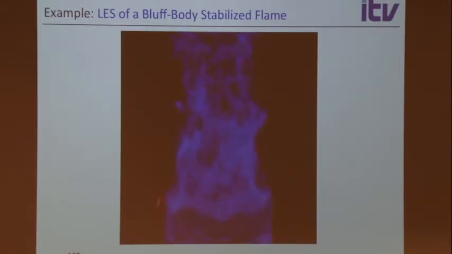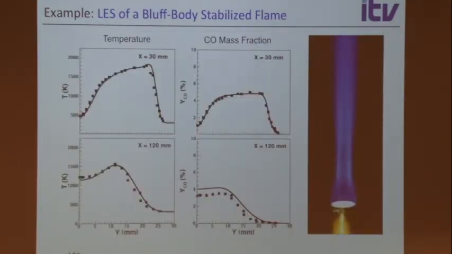So it turns out that the results depend on these dynamic events, and this is why you can't predict this with RANS. Anytime you have something that is dynamically important but very rare, a rare event, then RANS would miss it. And so these are the temperature here on the left, CO mass fraction on the right.